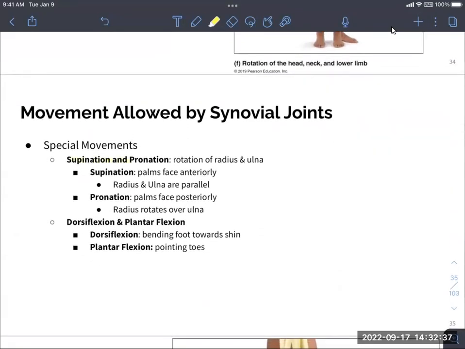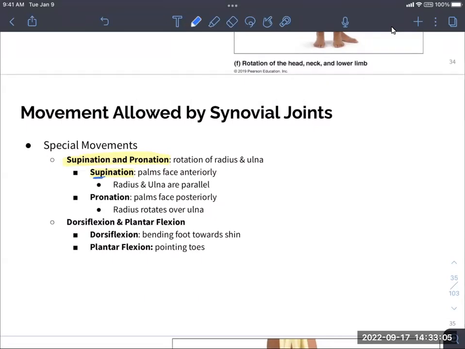Pronation and supination. If you have not done this with the skeletons in the lab, you really should, because it's kind of cool to see what happens to the radius and the ulna when you pronate and supinate. So supination, remember, has the word up in it.